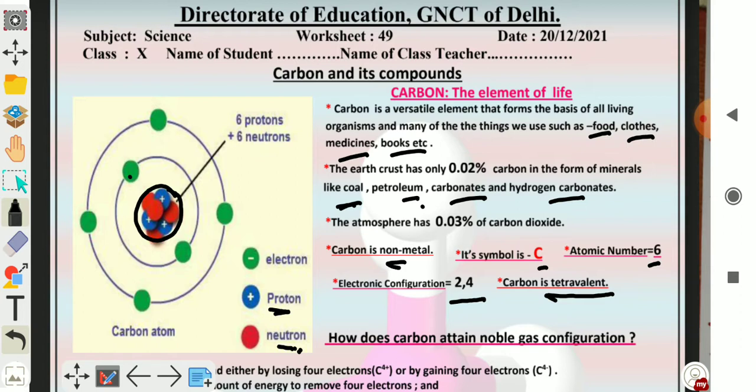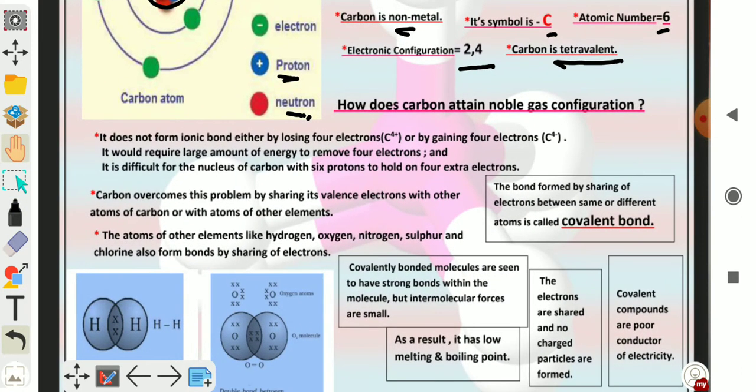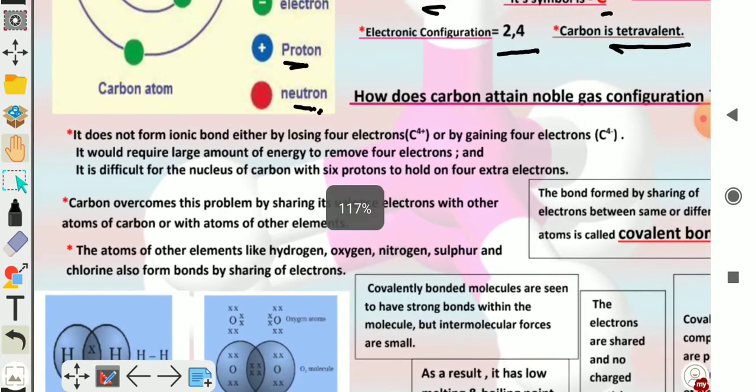Now we will discuss how carbon attains noble gas configuration. Its outermost orbit contains 4 electrons. It means it has 4 valency electrons. It does not form an ionic bond, either by losing 4 electrons or by gaining 4 electrons.